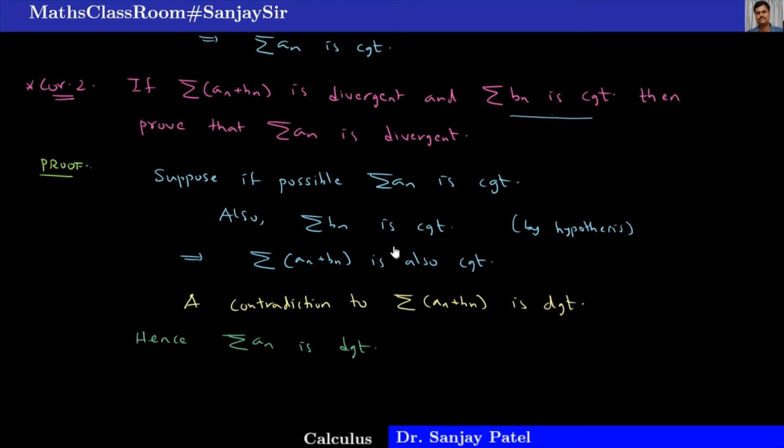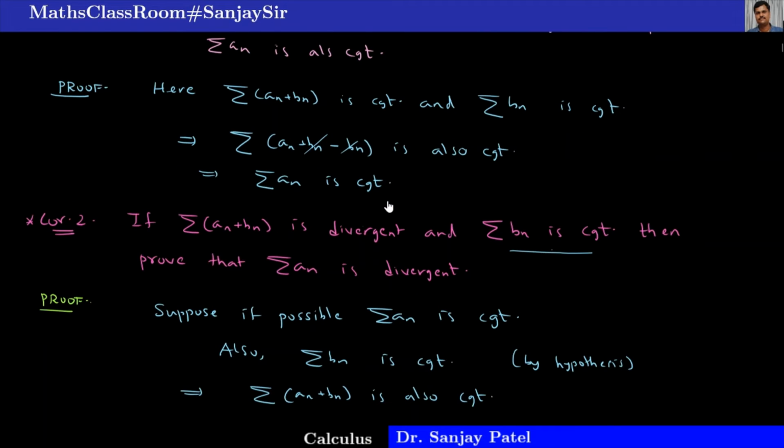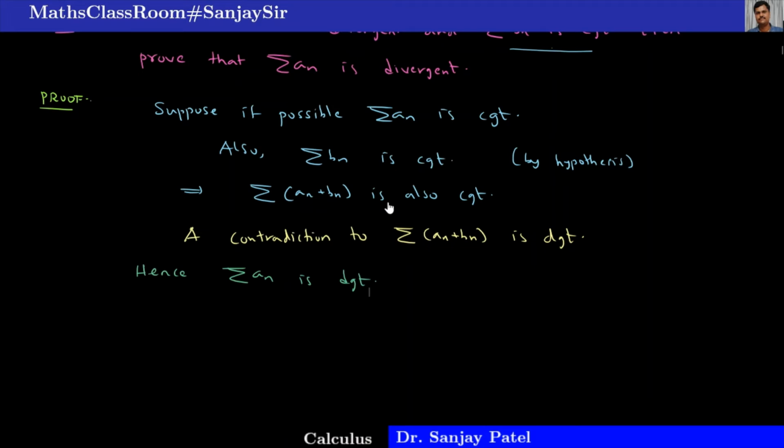Fine. So this we can think of if two series are convergent, or one of the series is divergent, and so on. Now what happens if two series are divergent? Let us discuss something extra. Suppose I have two series, sigma an is divergent, and sigma bn is also divergent.